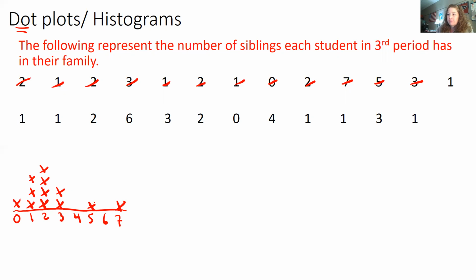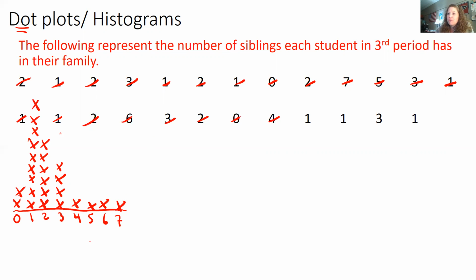Oops, I hit a 3 instead of a 5. Did y'all see that? All right, 1, 1, 1, 1, 1, 1, 2, 6, 3, 2, 6, 3, 2, 0, 4, 2, 0, 4, and then 1, 1, 3, 1, 1, 1, 3, 1. All right, so that's my dot plot.